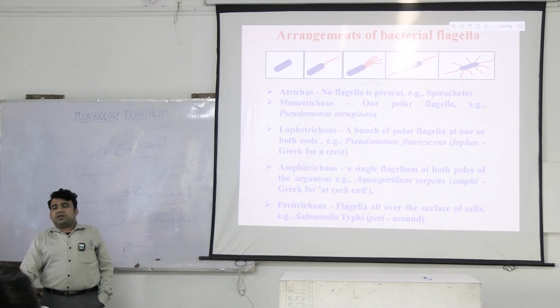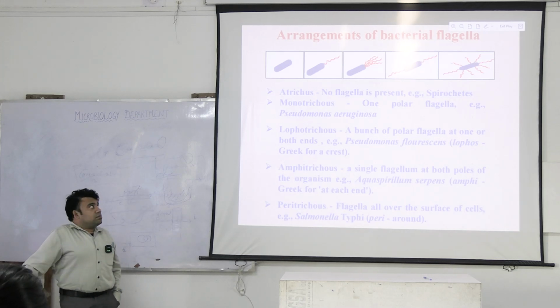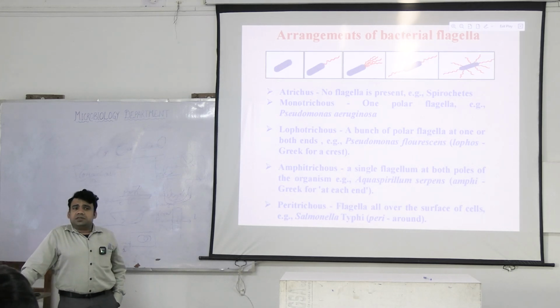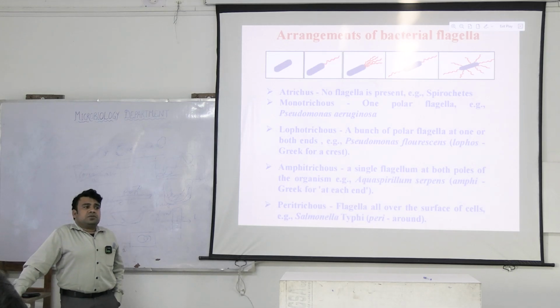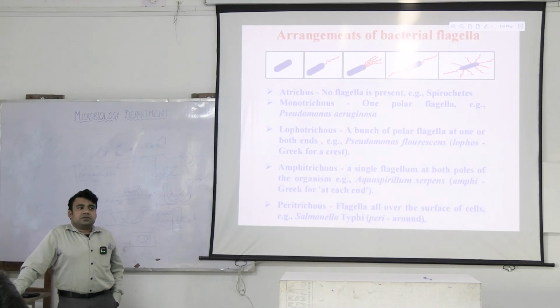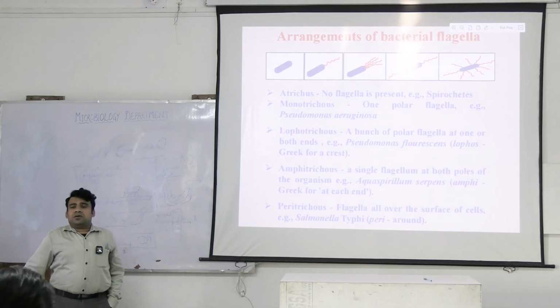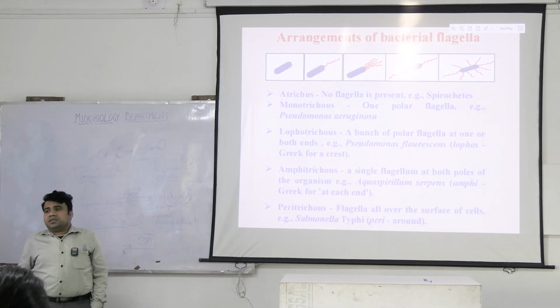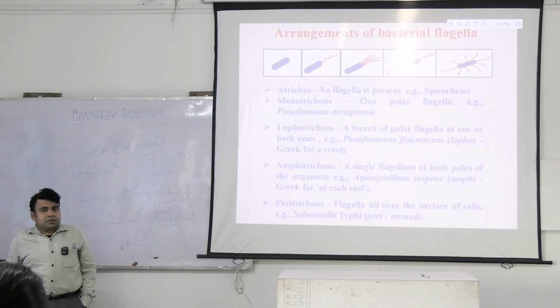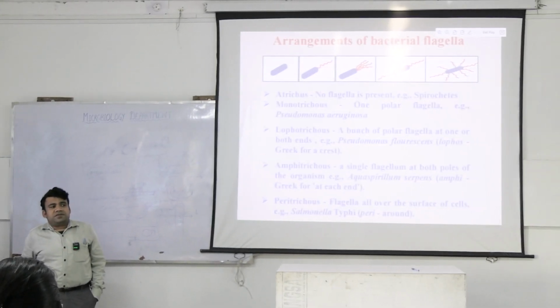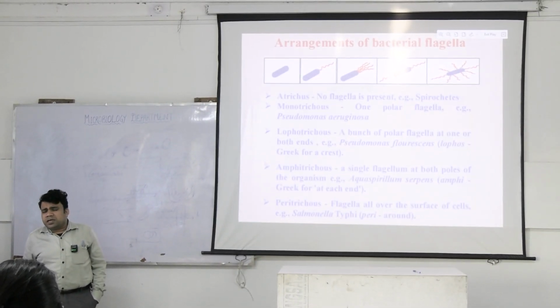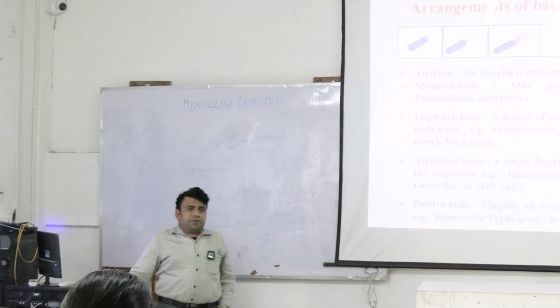And if it does have a flagella, we can classify it as follows: Monotrichous, that means it has one single flagella at the end, or Lophotrichous, a bacterium which contains a tuft of flagella either at one end or both ends, or Amphitrichous when a single flagella is present at both ends. If a bacterium has flagella throughout its whole body, we call it Peritrichous.